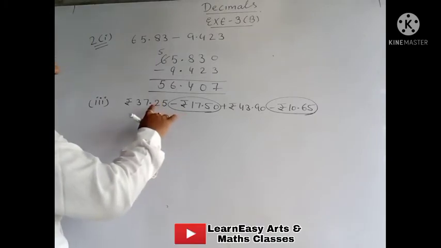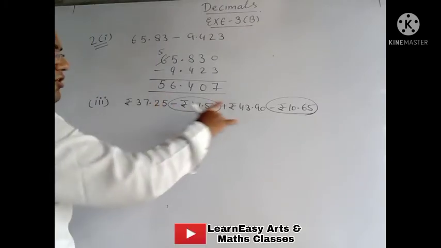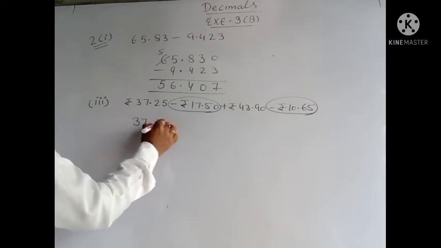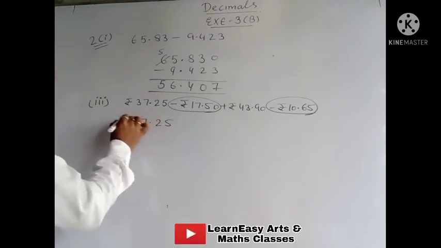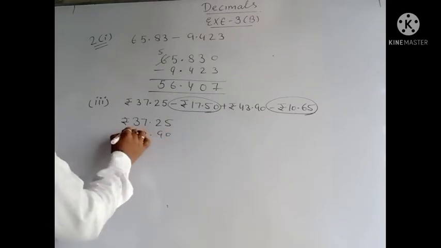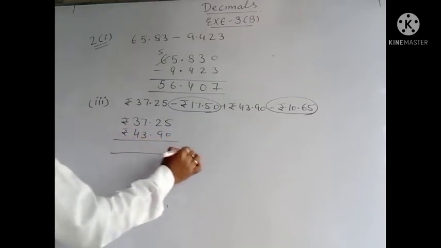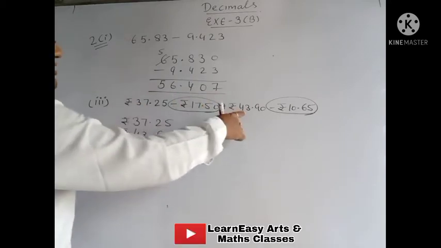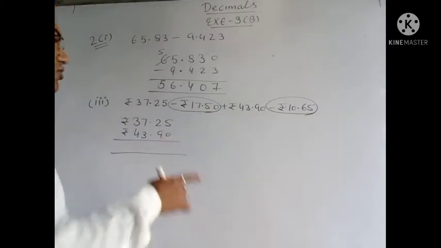So what you have to do? First of all you will write the positive numbers. Positive numbers are 37.25 rupees and 43.90 rupees. We have to add these numbers. Why will we add these numbers? Because these numbers both have a plus sign on the left hand.